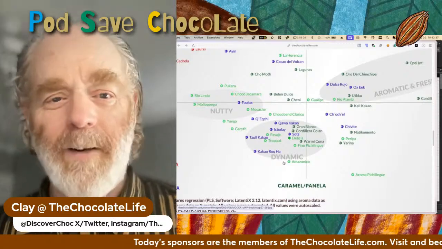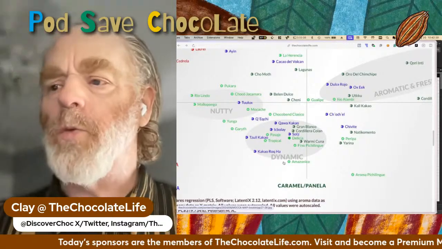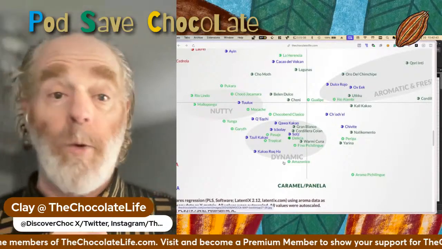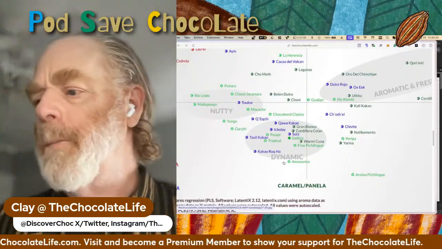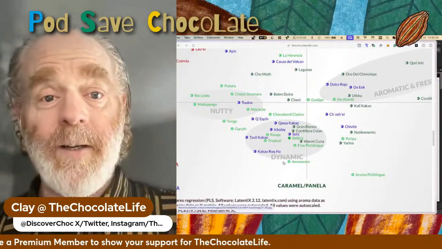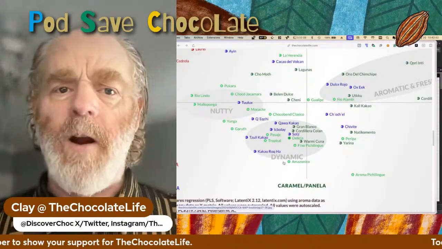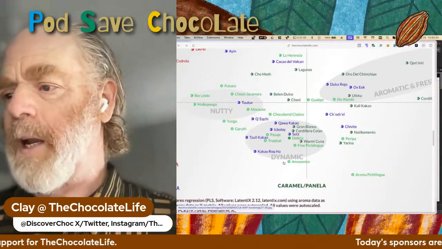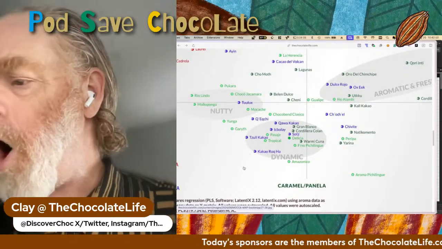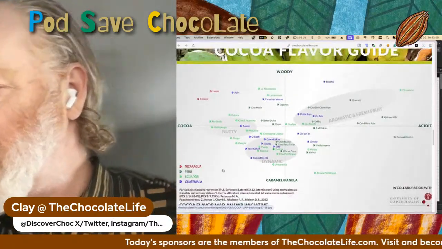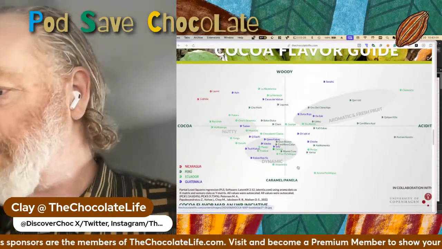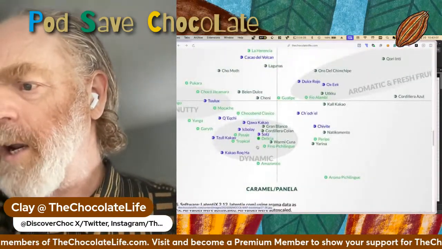If you're just listening, the three areas identified are nutty, aromatic, and fresh. The third one is dynamic, as I mentioned. The dynamic has a cocoa component and an acidity component, as well as this caramel panela component. And we find representative beans from Nicaragua, Peru, Ecuador, and Guatemala. I believe all four countries are in here.